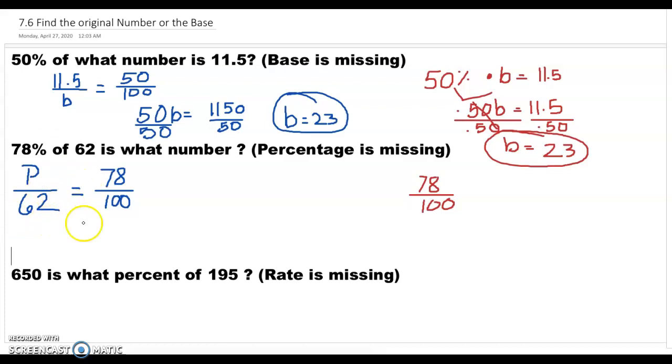Now we cross multiply: 78 times 62 is 4836. Then we're going to divide both sides by 100, and P will equal 0.36.